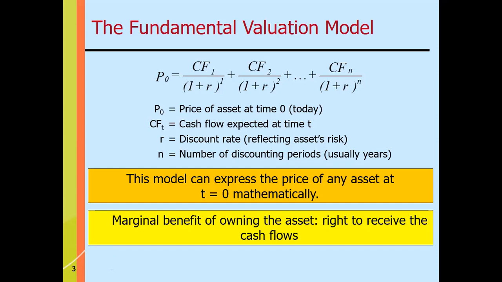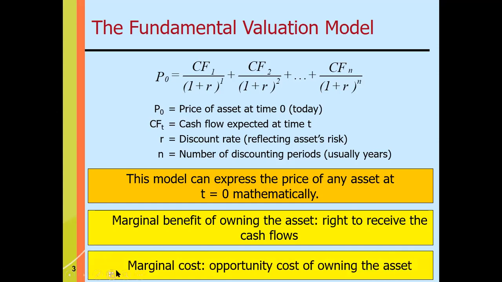Should we analyze items here in financial management, those items that are already irrelevant or sunk will no longer be included in the analysis. And also, as said, marginal costs and expenses would be the opportunity cost of owning the asset, meaning the benefit foregone should we own that particular asset. While the benefit, as said, would be the right to receive the cash flows.